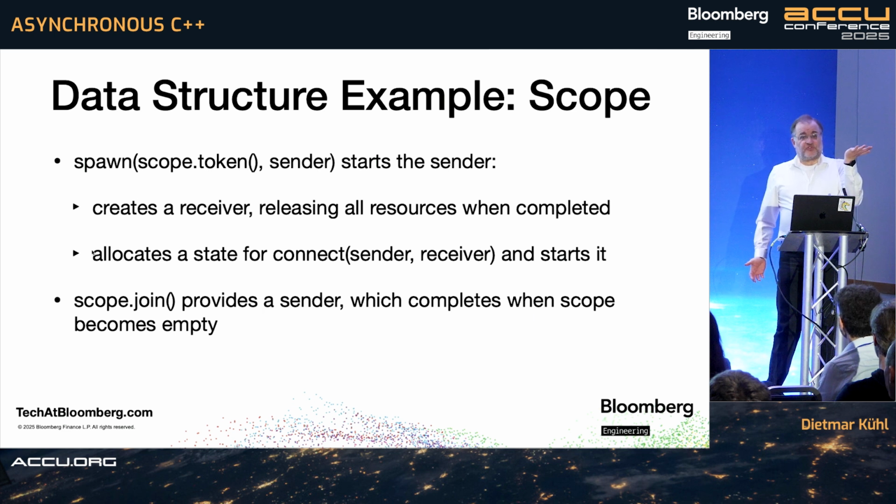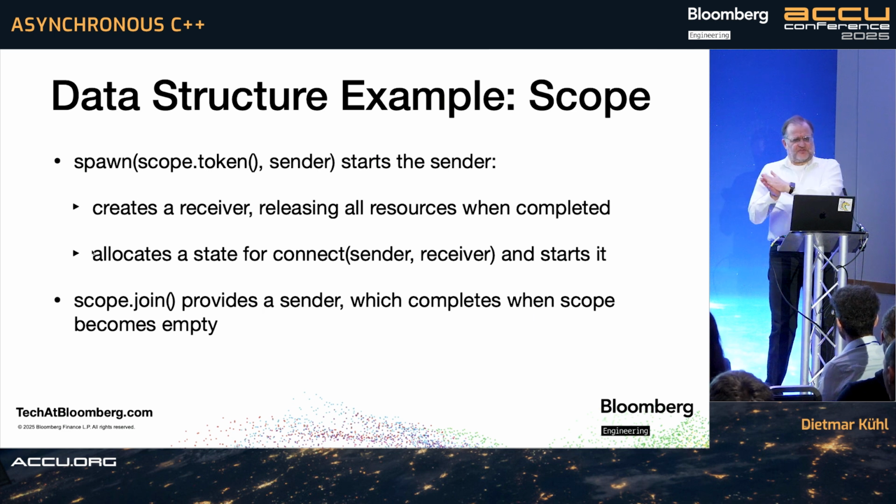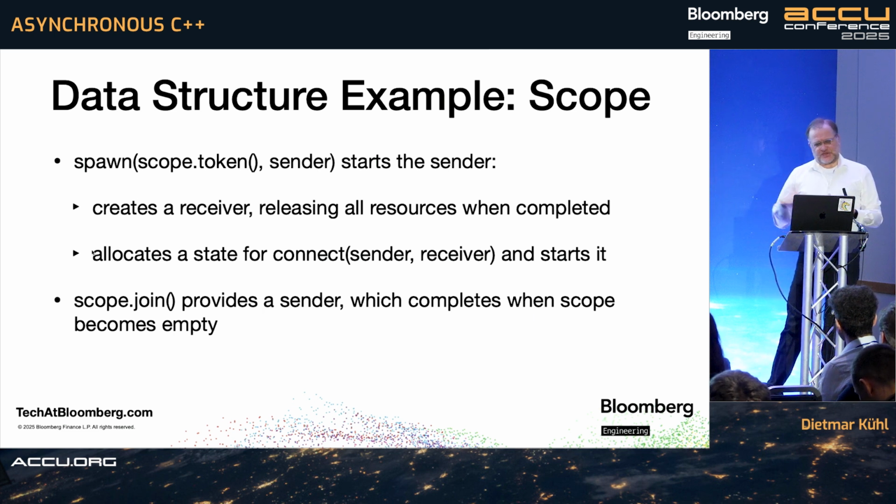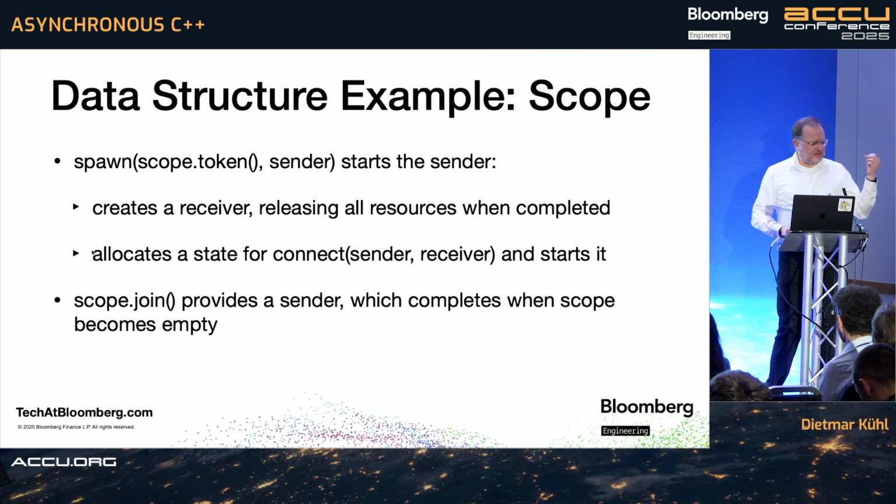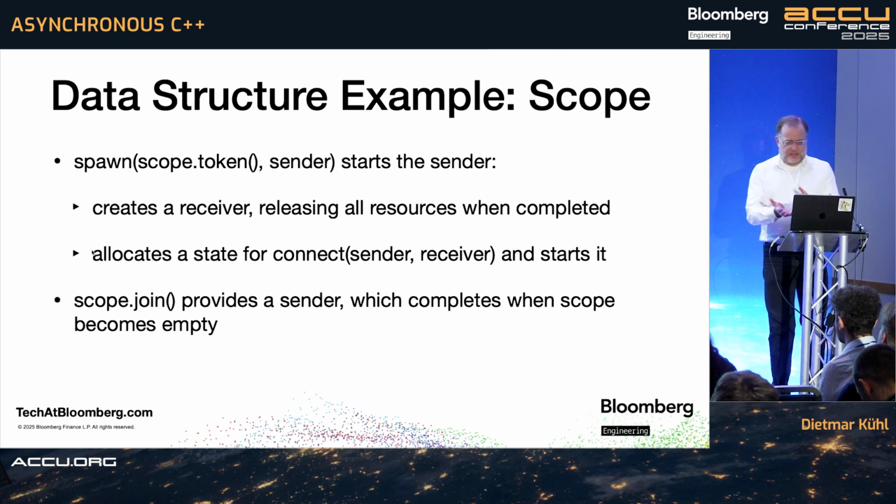It knows how many outstanding work items I have in there, and once it gets to zero, it can signal completion on a sender, which I think is called something like on_empty, which triggers once the scope itself is finished or has nothing in there.